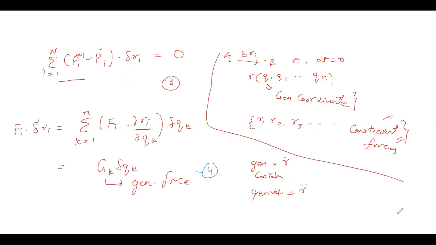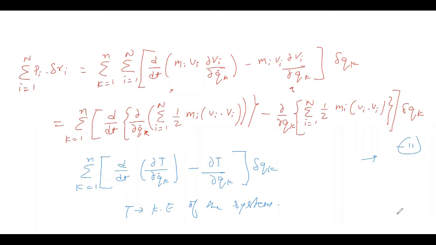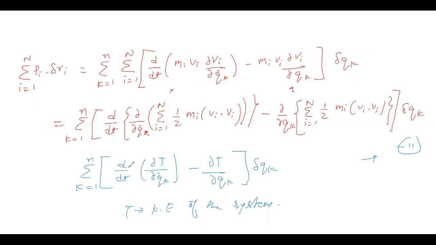We will write, substituting equation 4 and equation 11 in equation 3. In D'Alembert's principle, equation 3 is D'Alembert's principle, equation 4 is the generalized force, and equation 11, just now derived, is the component of reverse effective force.